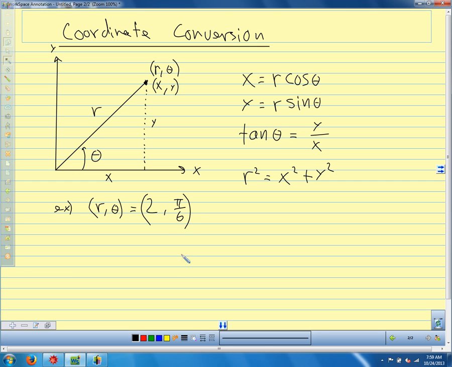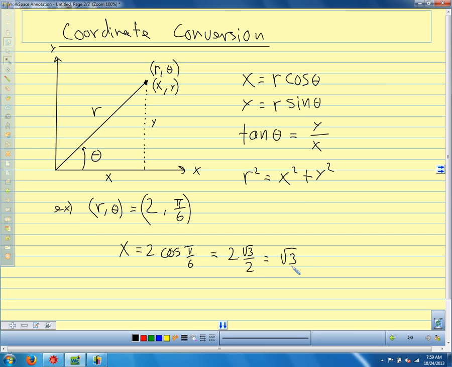So we want to convert to rectangular. So x. What am I going to write for my expression for x? 2 cosine pi over 6, which is 2 times the square root of 3 over 2. So x is just square root 3.